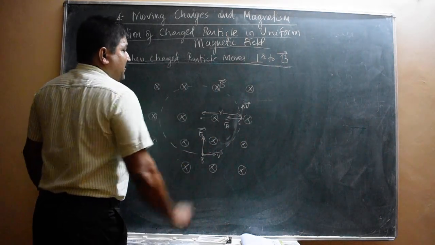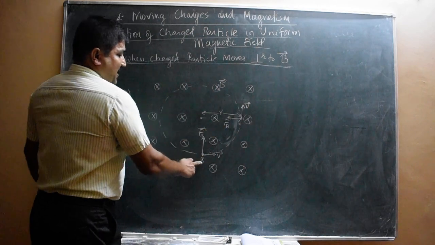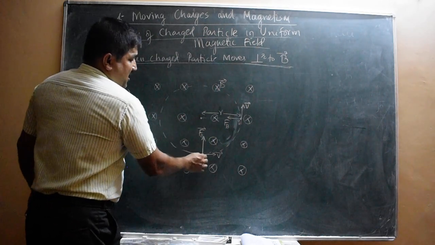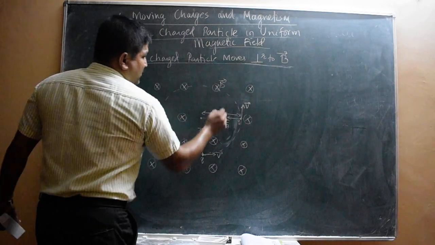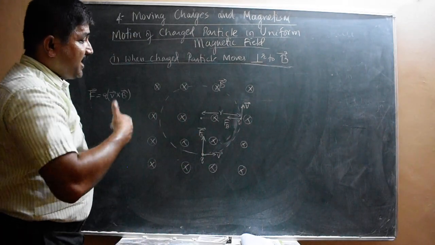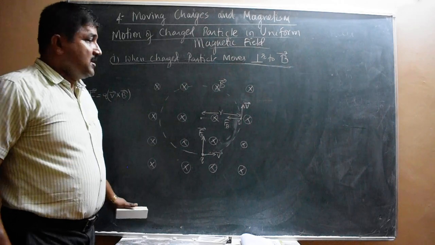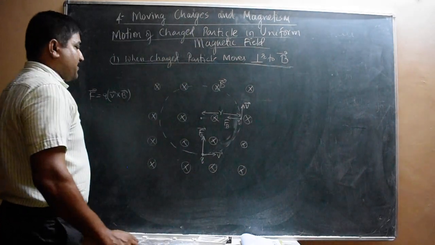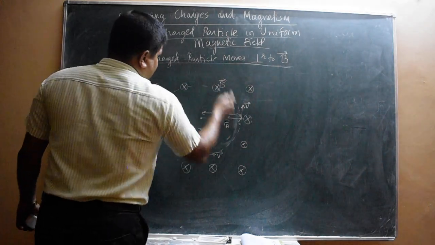Then velocity we know, magnetic field applied also we know, then we know the charge q. We have to find out the expression for the radius of the trajectory of the charged particle. Radius of the trajectory means how much radius it will describe.